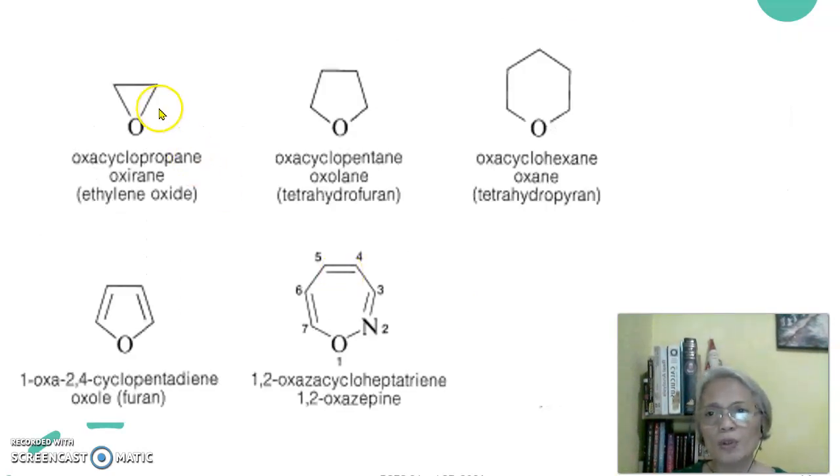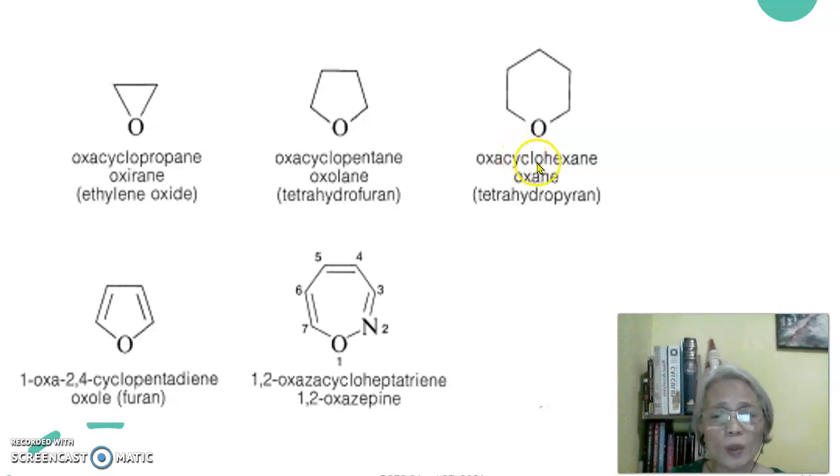So, for example, the oxacyclopropane can be called oxirane using the Hantzsch-Widman. This is actually also called ethylene oxide when we go to epoxide. We have not covered that yet. So, the oxacyclopentane can be called oxolane using the Hantzsch-Widman, or commonly called tetrahydrofuran.